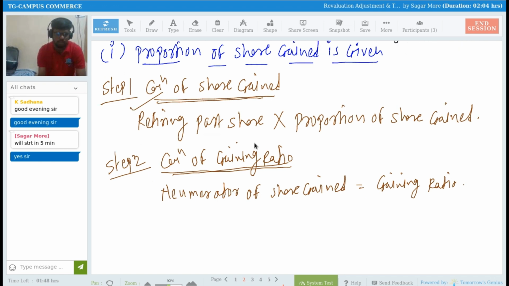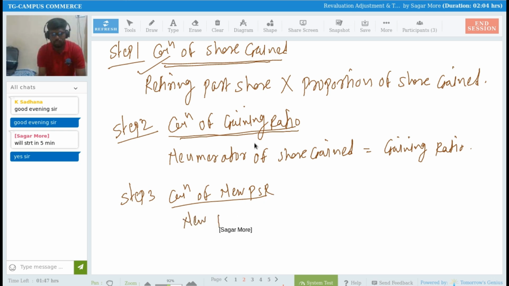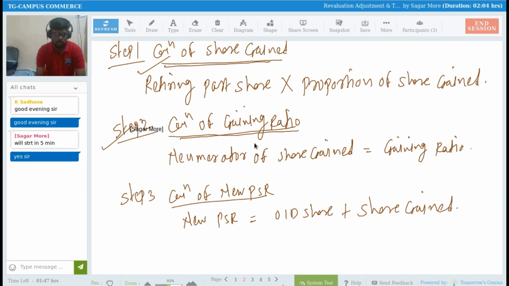This is step number two. Then step number three, finally we calculate the new profit sharing ratio. The formula is new profit sharing ratio equals the old share of those two partners plus share gain.